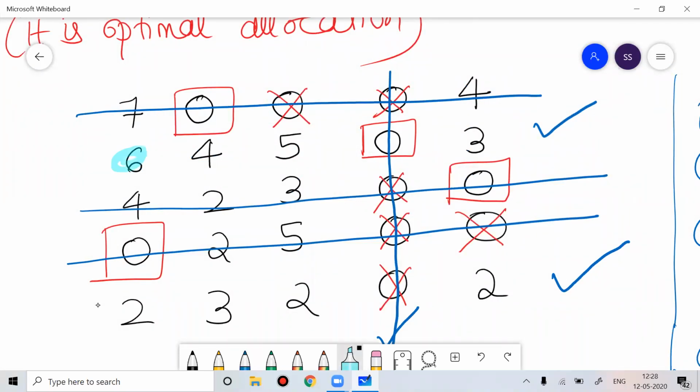This is not crossed, this is not crossed, and so on. Out of all the elements which are not crossed, identify the smallest element. That smallest element we call theta.